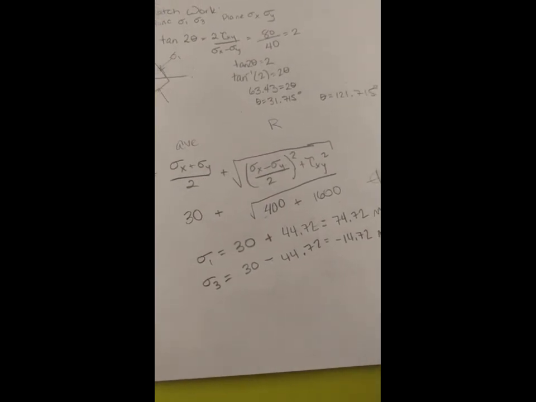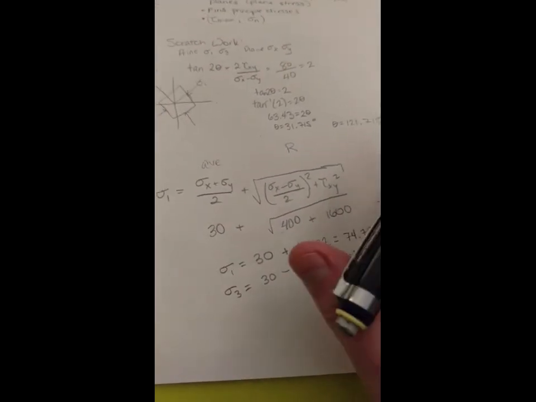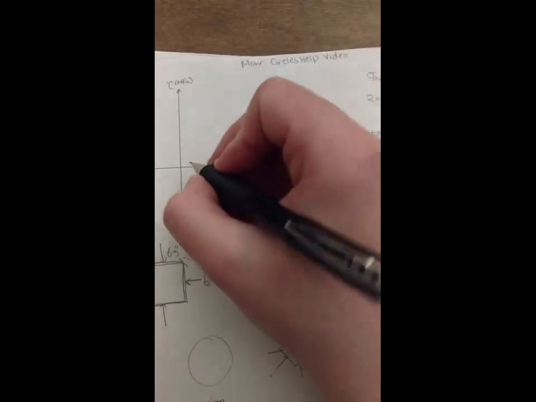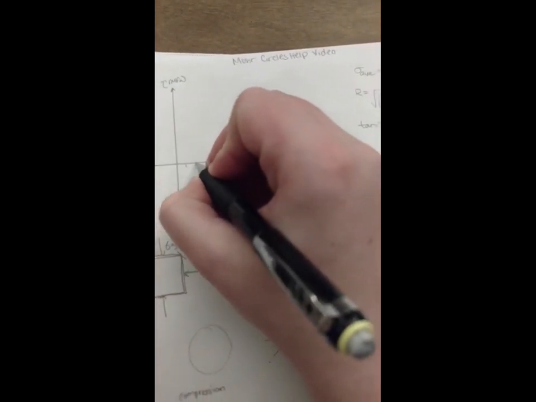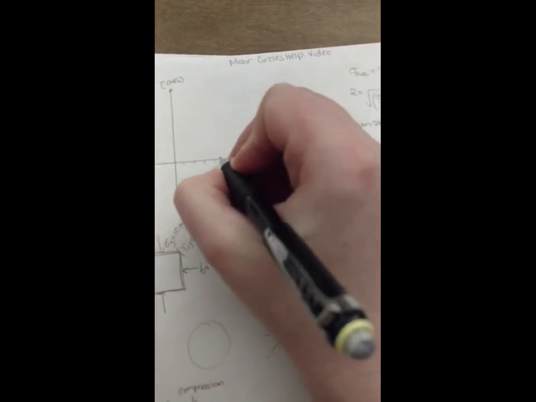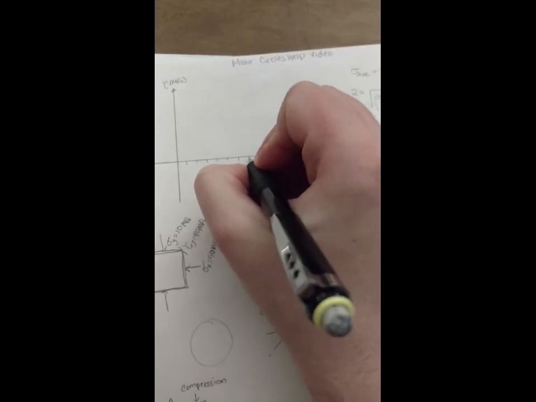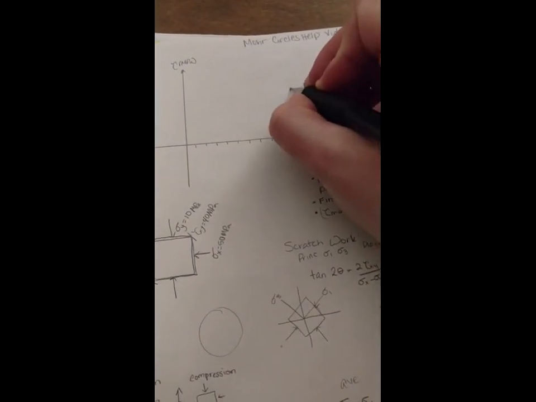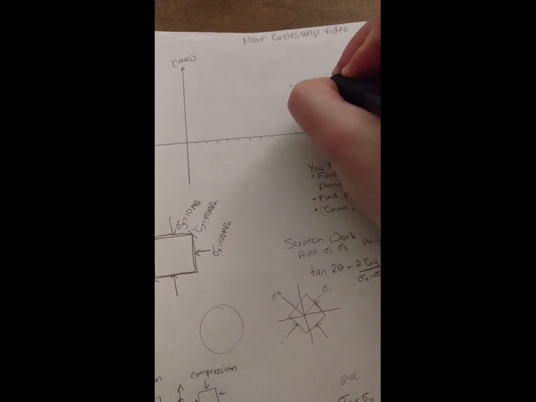So let's go ahead and plot this and just see what the circle looks like. I'm going to go up to my axes, which are of course labeled because that'll be worth some points. And just for now, I'm going to make tick marks that aren't exactly perfect. So 1, 2, 3, 4, 5, 6, 7, 8, and I'll say each one of those tick marks is 10 megapascals.